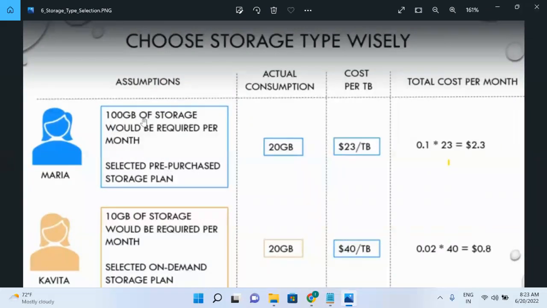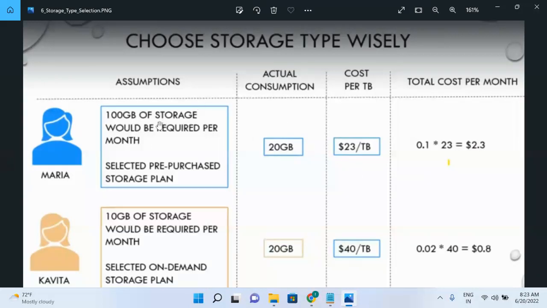When it is 100 GB, how much do they need to pay? When it is pre-purchased, for the same 100 GB they need to pay, right? Assume $23 approximately. In 1 terabyte it is 23, so 0.1 is the 100 GB, right? 0.1 multiplied by 23, they are going to pay $2.3 irrespective of their consumption.